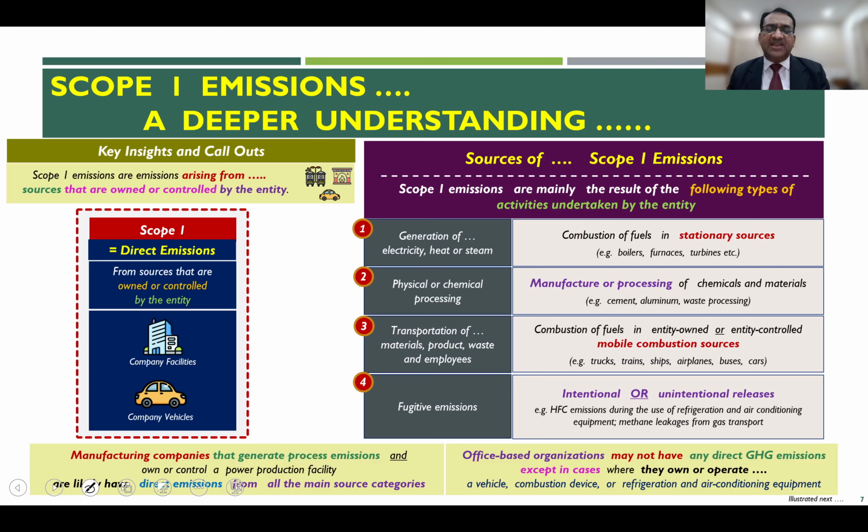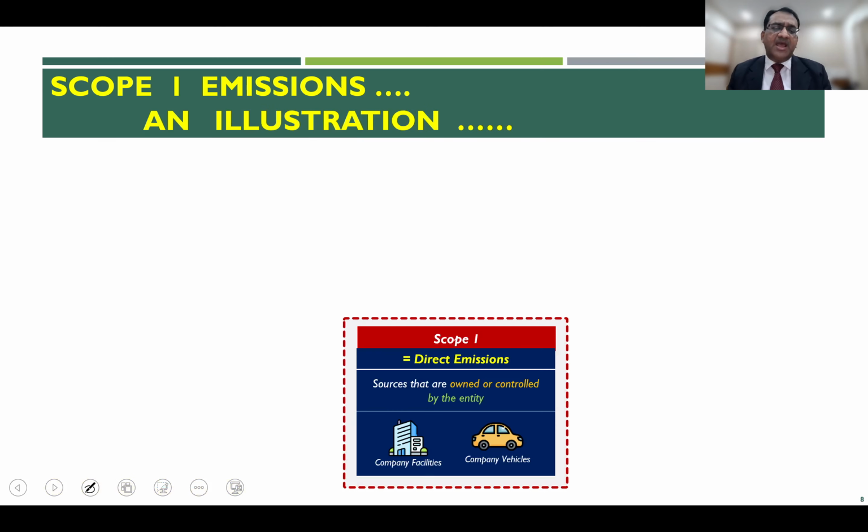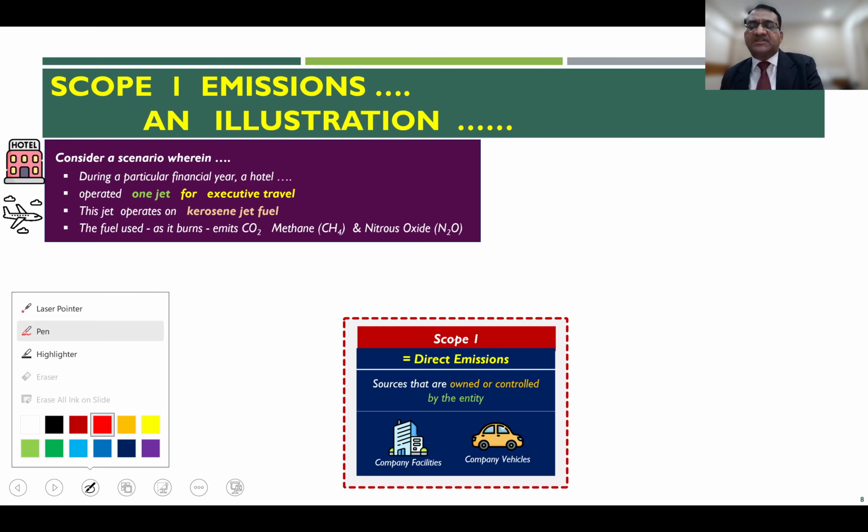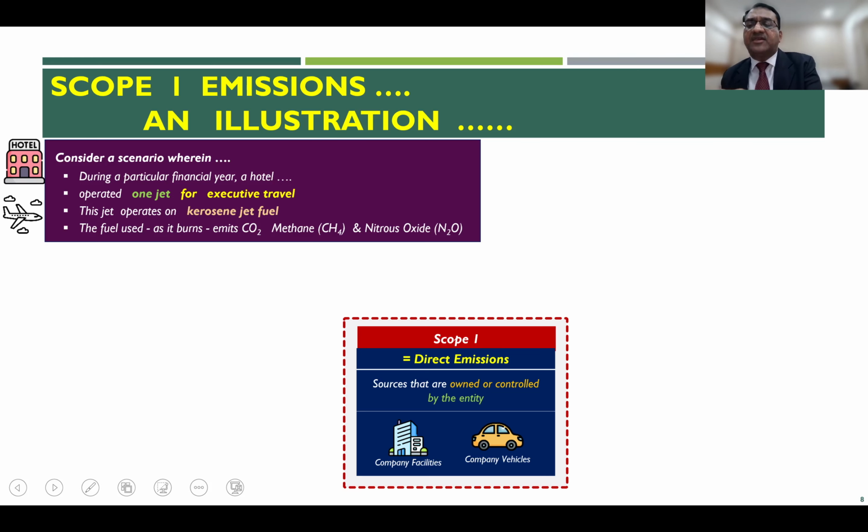So let us illustrate this scope 1 emission by, for example, let us say during a particular financial year, a hotel, which is a reporting entity, operated one jet for the executive travel. This jet is either owned or is being controlled by the hotel. And this jet uses kerosene jet fuel.